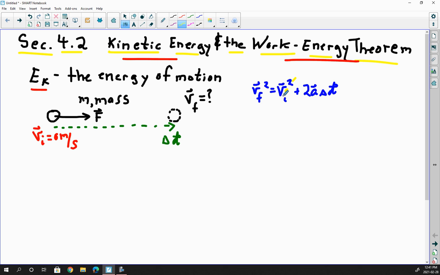Now that term right there disappears because the initial velocity was 0. So we're left with just final velocity squared is equal to 2 times the acceleration of the object, all times its displacement.